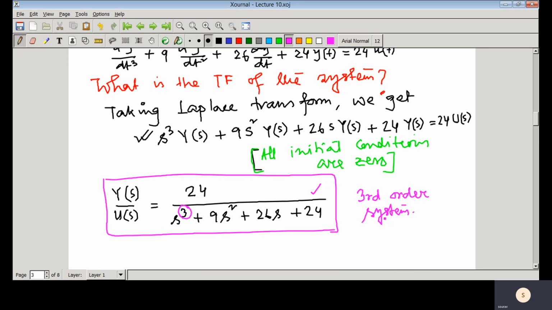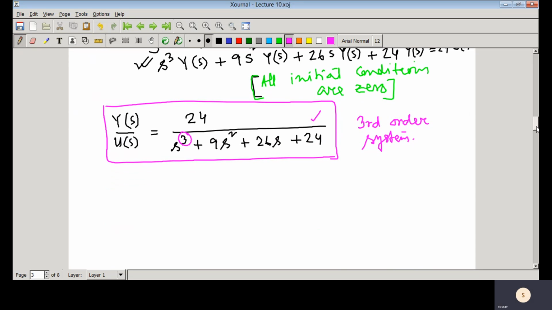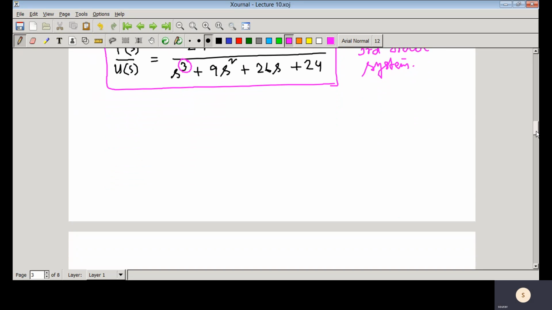So let us take one more example, because from those examples we'll learn how to represent a system in the state space modeling framework. Let us take one physical example, a spring mass damper system. So another example here.